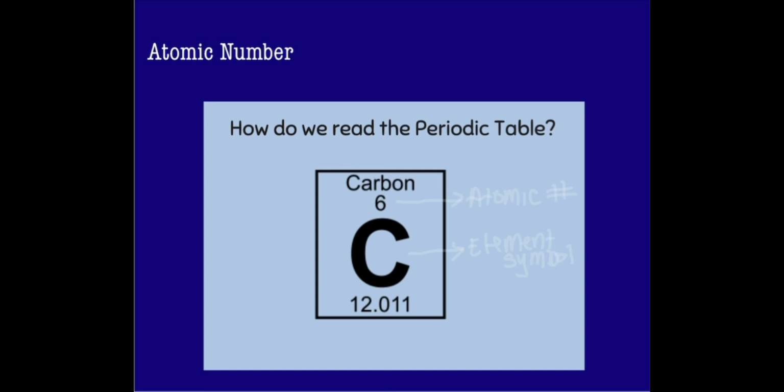When it comes to identifying your atomic number, it is the number located above your element symbol. So for carbon, the atomic number is 6. And this is your element symbol.